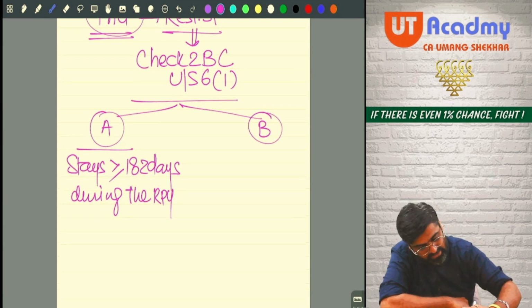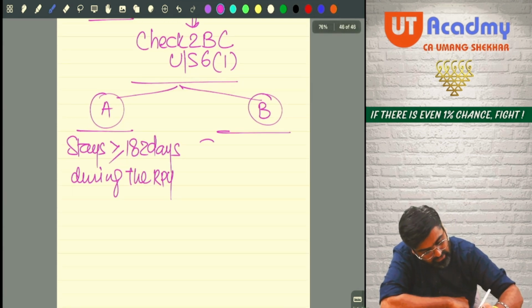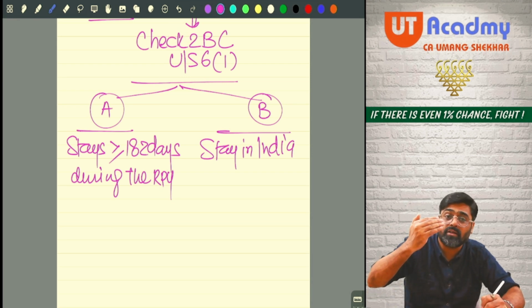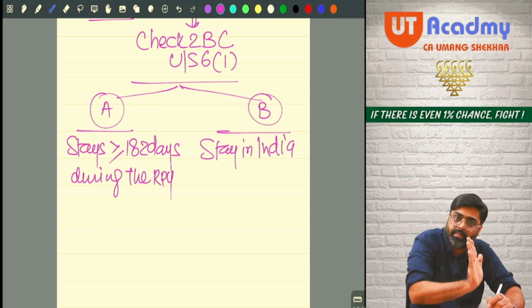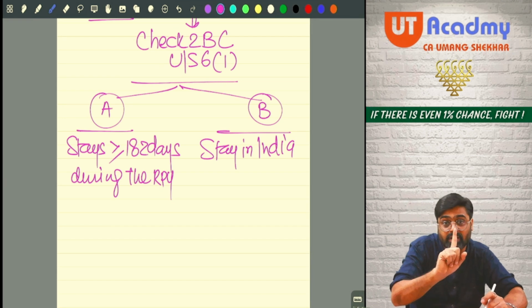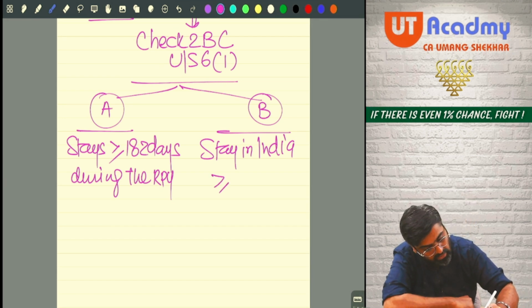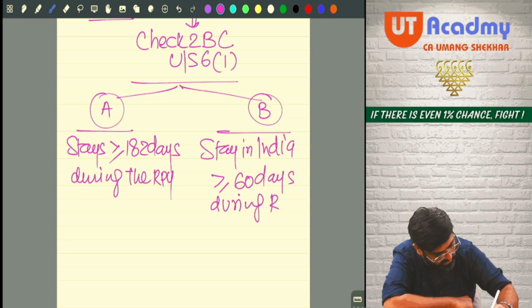Now what does condition B say? Your stay in India should be less than 182 days, then you come here. But it should be greater than or equal to 60 days during the relevant previous year.